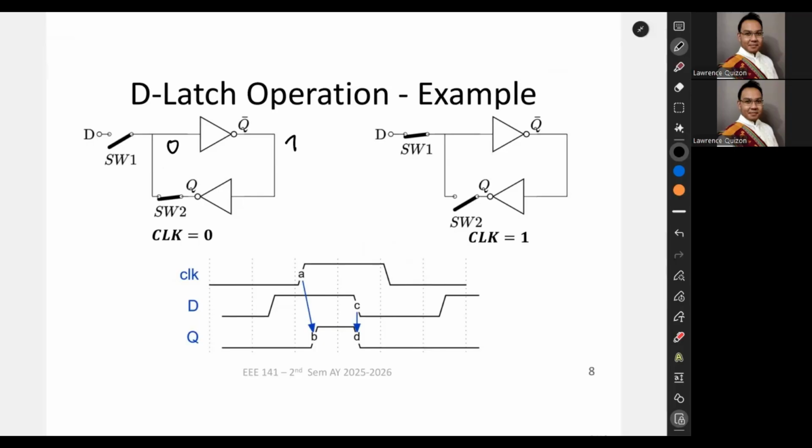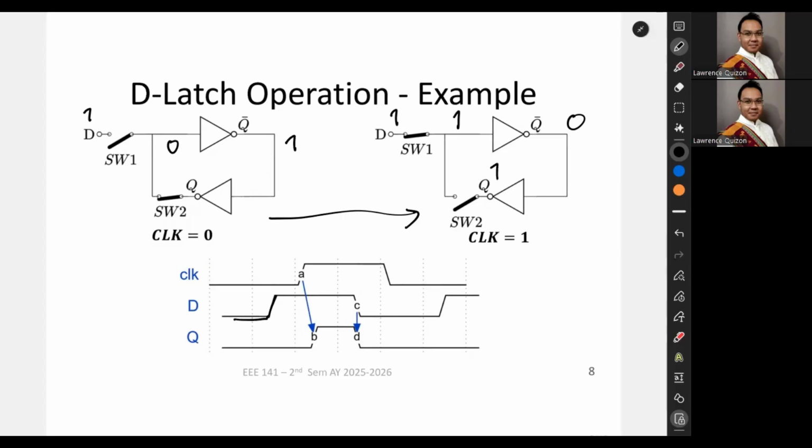Then, D goes up to 1, but it's disconnected, so we don't care, right? And then clock goes to 1. So what happens? D is 1, which is copied by this. And then Q prime turns into 0, which turns Q into 1.